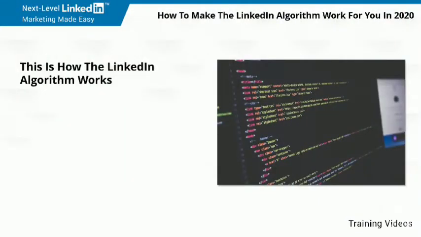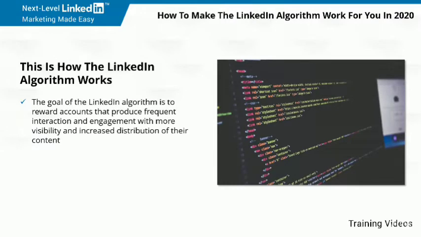This is how the LinkedIn algorithm works. The goal of the LinkedIn algorithm is to reward accounts that produce frequent interaction and engagement with more visibility and increased distribution of their content. It does it by analyzing your posts and your interactions, by determining how relevant they are to the industries that you follow, and by analyzing how much value they provide to users in your network.